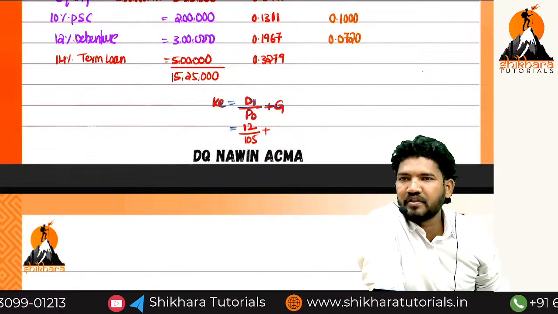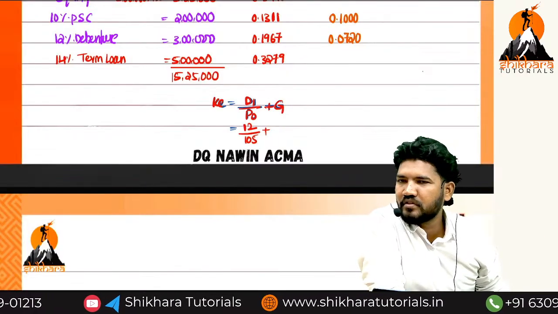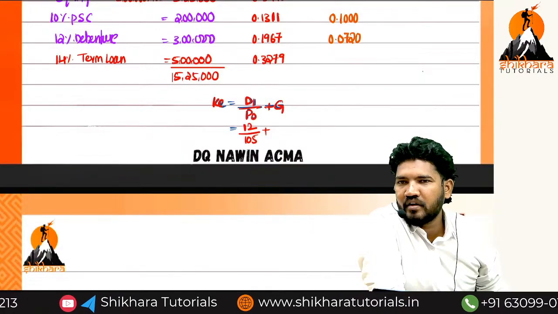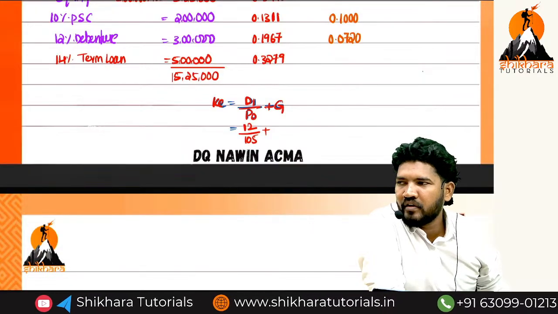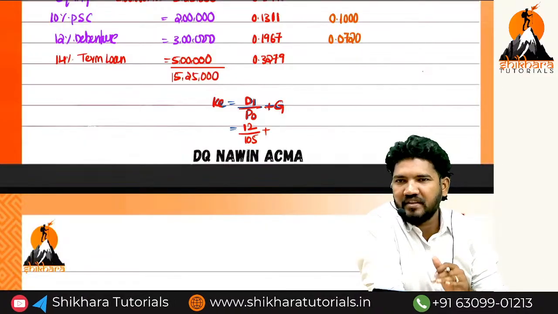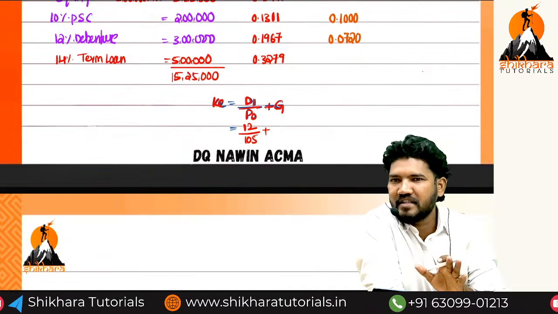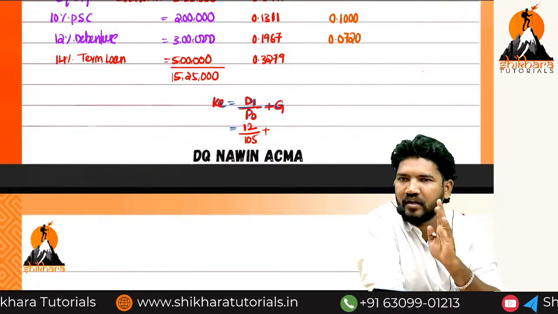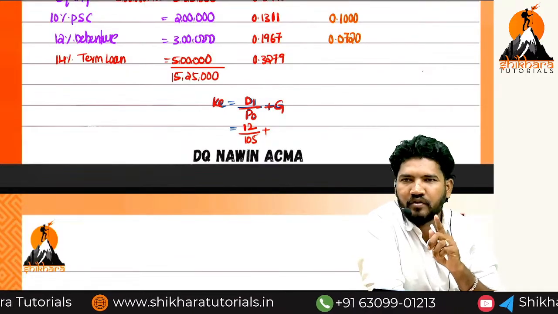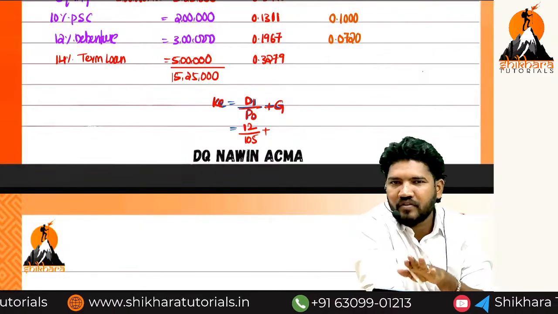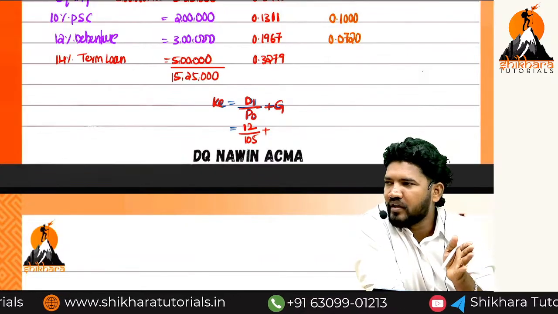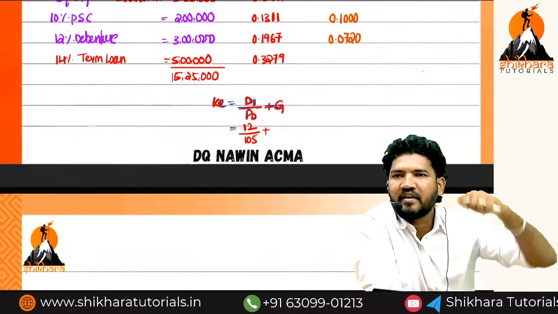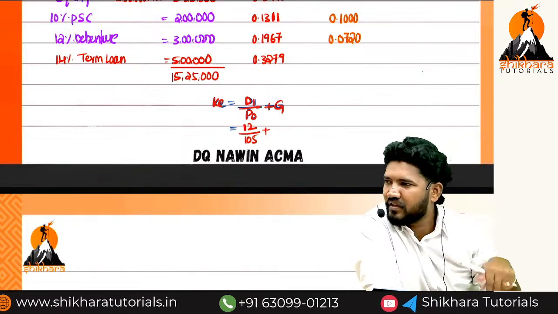Don't take an assumption without growth. Why? Generally in case C, they said only D1 changes and P naught changes. They have not expressed anything about the growth. Now I can take two points of view: one is without growth, another one is with growth. If it is with growth, the rate given above, I will consider for this one also.